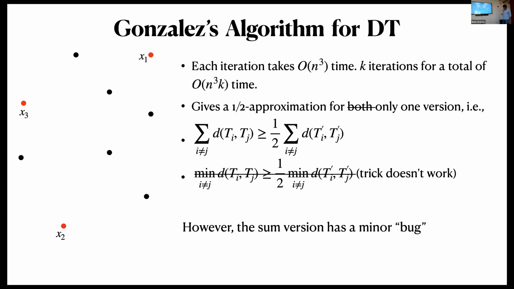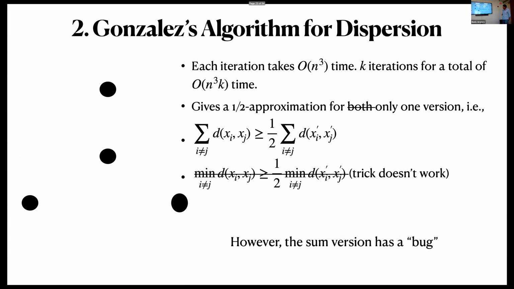Unfortunately, there is a small bug here, which is the following. Just consider the metric space of those 4 points there. Let's say I ask you to put 4 cell phone towers maximally spread apart. Clearly, there are 4 points, so that's where you should put the 4 cell phone towers.